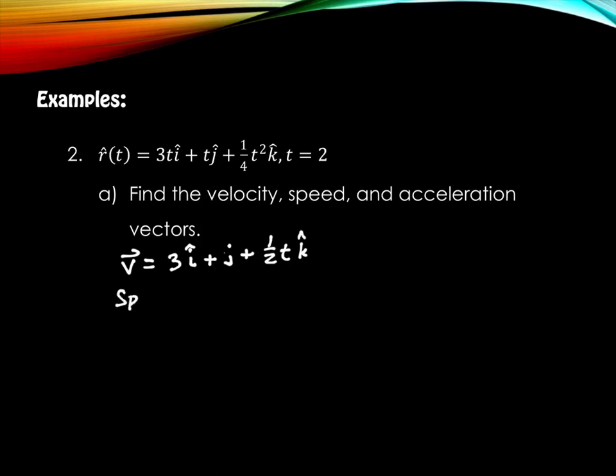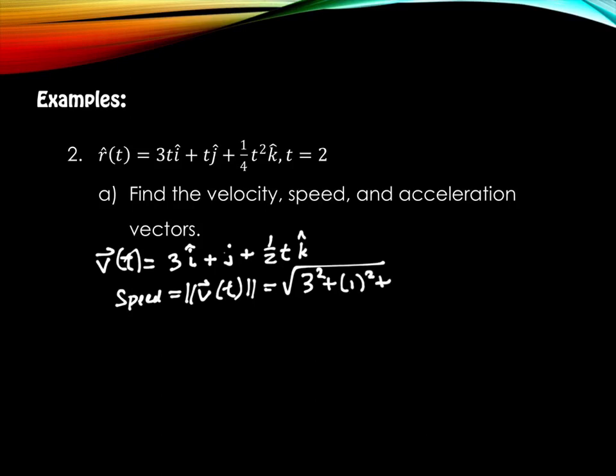So speed is the magnitude of v. Sorry, this really should say v of t. There we go. And so we're going to have the square root of 3 squared plus 1 squared plus 1/2 t quantity squared.